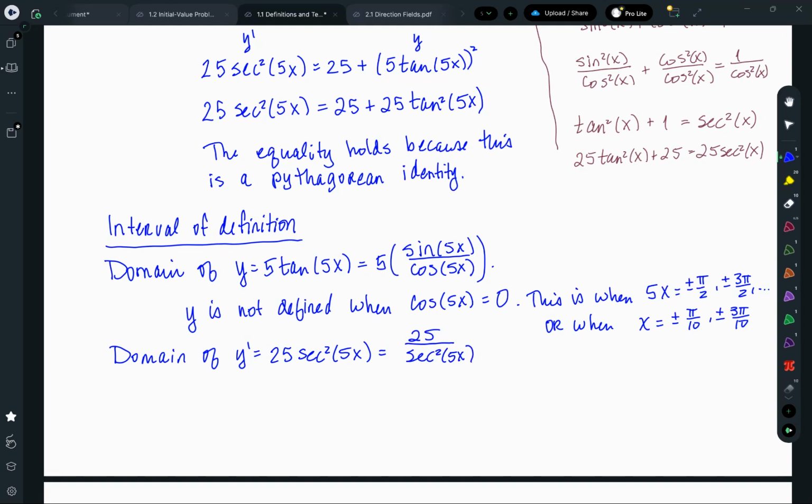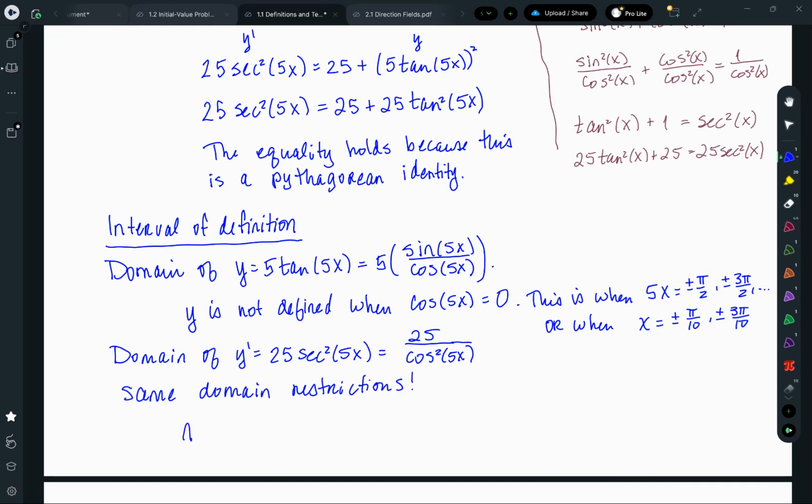Sorry, I wrote that as secant squared in the denominator. I meant to write cosine squared of 5x. So both tangent and secant squared have the same domain restrictions. So let's just write that. These are the same domain restrictions. So nothing extra gets added.